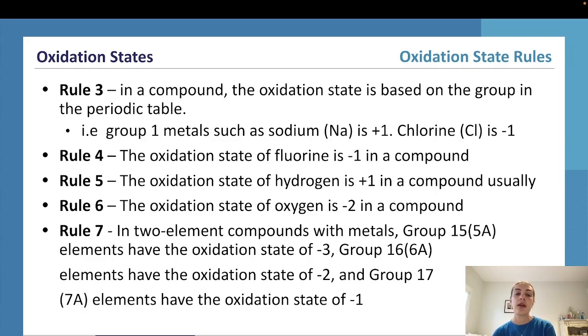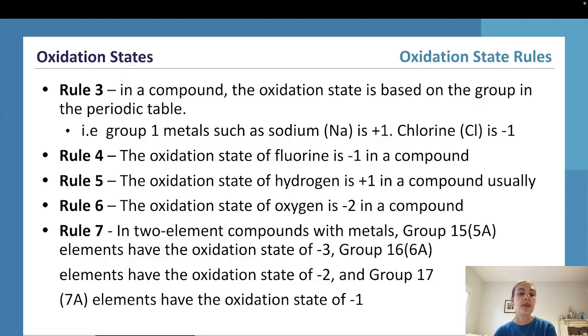And then the oxidation state of oxygen is going to be -2. So 2 minus 2 gives us 0. And because water is not charged, we can say that that then gives us an entire oxidation state for the water molecule of 0.